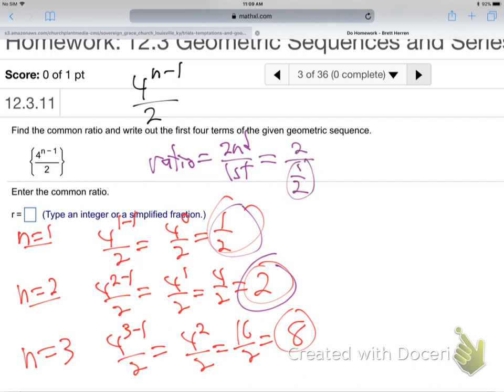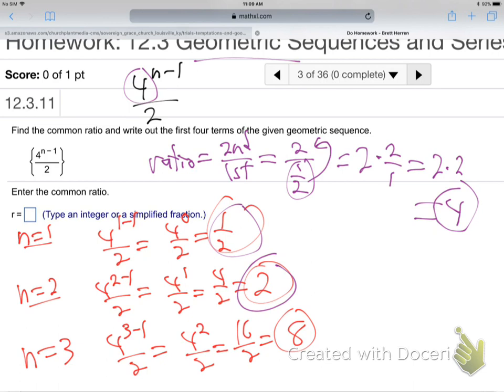Grab the denominator and flip it up. So it's 2 times 2 over 1, which is really just 2 times 2, which is 4, as we knew. So it is just the number with the n power on it. Whether it's n or n minus 1 or whatever, it doesn't matter. 4 is the ratio. Good, easy enough. Just multiplying the same number every time because it's geometric, instead of adding or subtracting the same number every time, which is arithmetic.